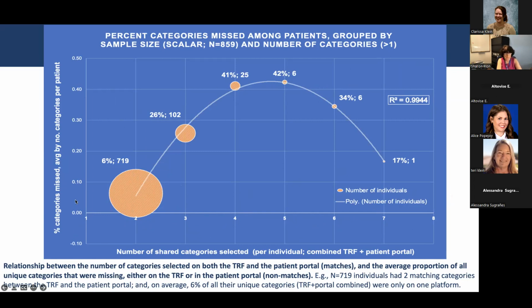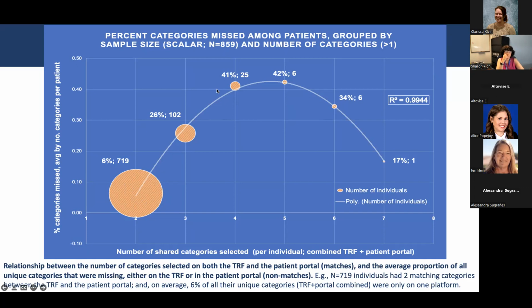And then this is the percent of categories missed on average by the number of categories per patient. So if you're here, then you have 2 shared categories, and on average, 6% of the categories for these individuals with 2 that are shared between the 2 are actually missed.